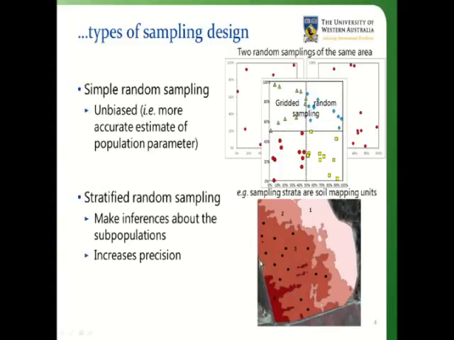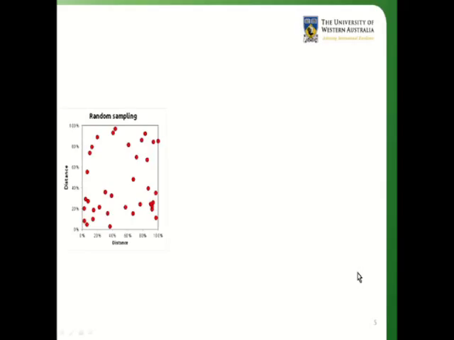We can sample in some cases randomly or systematically within those areas, and what it will allow us then to do is to make statistical inference about the subpopulations, and it can increase sampling precision, meaning we get less of a spread of values because we're accounting for some of the variability that pre-exists across the site.